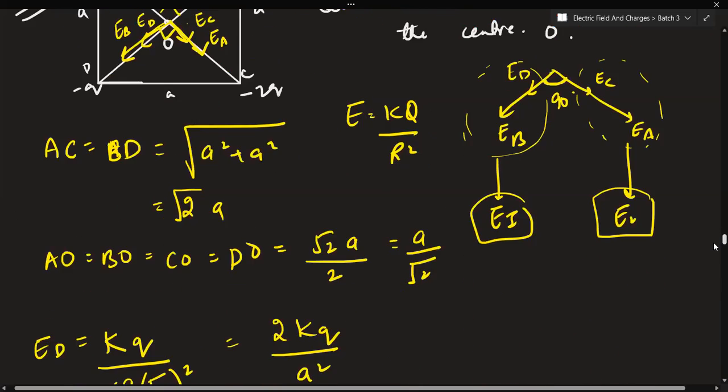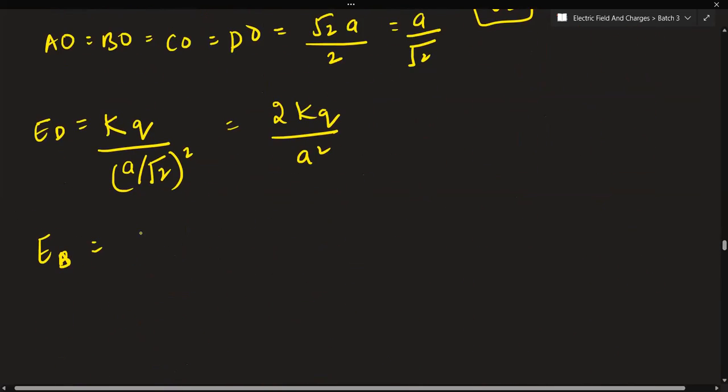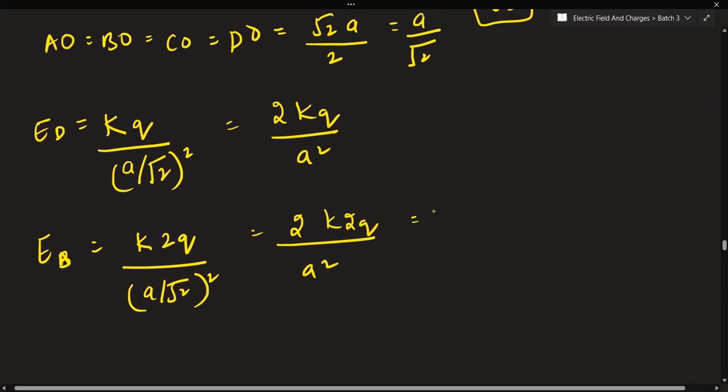Not plus 2Q, don't consider the sign. It will be K multiplied by 2Q, divided by R square. The separation is BO, and BO is also equal to A by root 2. So this 2 will go, and we get K times 2Q divided by A square. So this is 4KQ by A square.